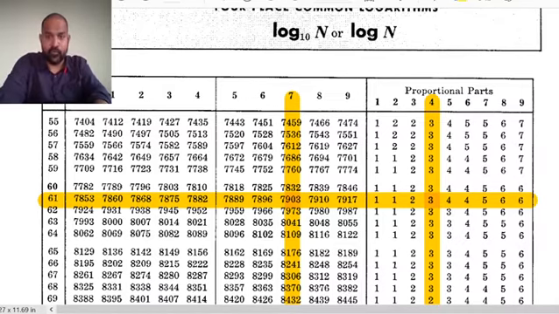The value at the 4th column is 3. So we add 7903 and 3, which is 7906. So the mantissa for 6174 is going to be 7906. Let me write that down.